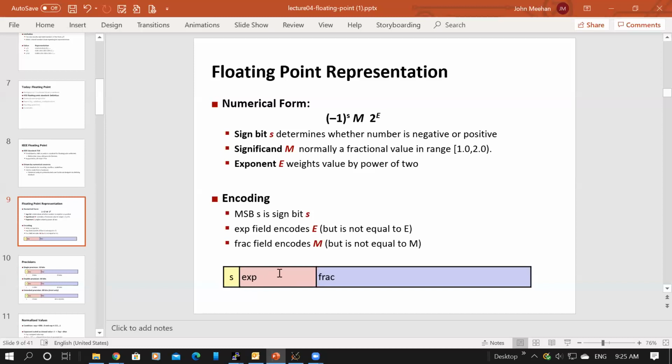It's a converted version that represents that E. And the fraction is representing this M, but depending upon whether we're using what's called normalized form or non-normalized, denormalized, I should say, this may not be exactly just M. So there's a little confusion here we have to watch out for, but I'll explain it all to you how it works. So we don't really store the E here. We store something else that represents the E. We don't necessarily store the M. We store something that kind of represents the M.